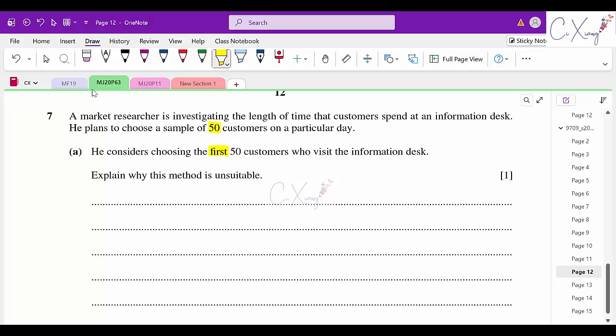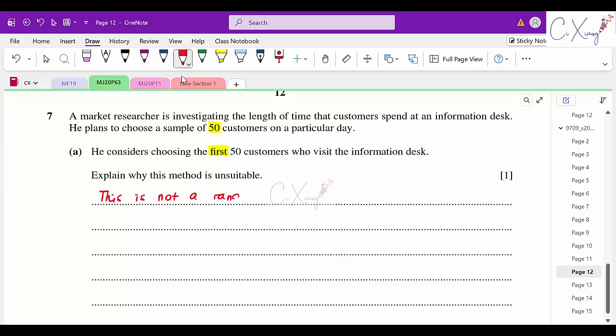That means he only focused on the customers who reached earlier. All right, and this is not random. If random means that he should select the customers from different time frames when they arrive or visit the information desk, right? So the main reason is this is not a random sample.